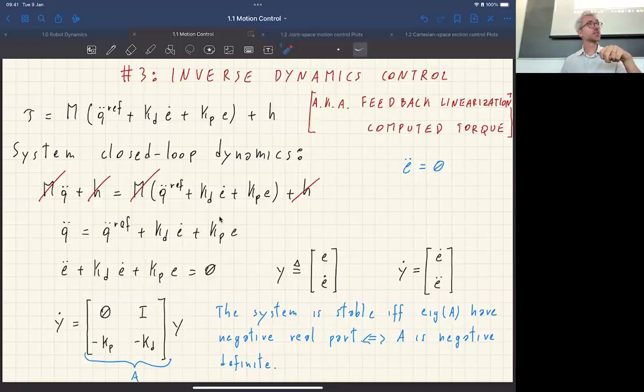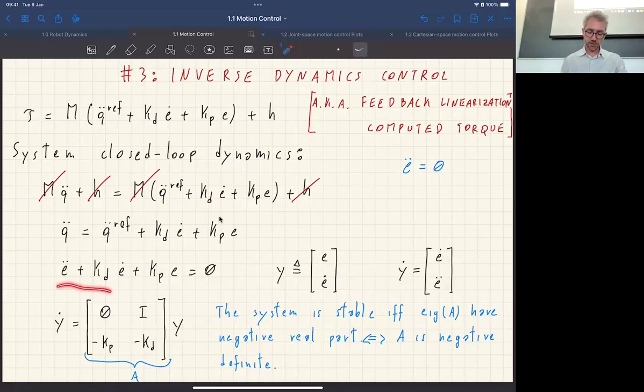I can rewrite this as a first order linear dynamical system by defining a new state vector, which is Y, which contains E and E dot. That's a classic trick when you're working with a linear dynamical system. So if Y contains E and E dot, then the time derivative of Y, which is Y dot, is going to contain E dot and E double dot.